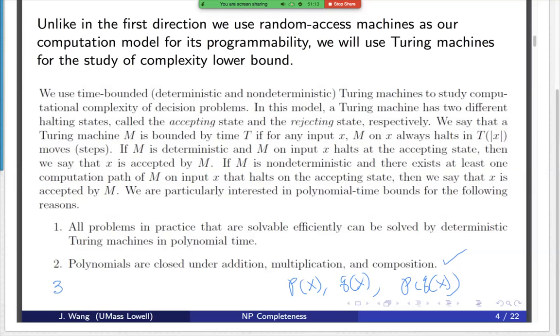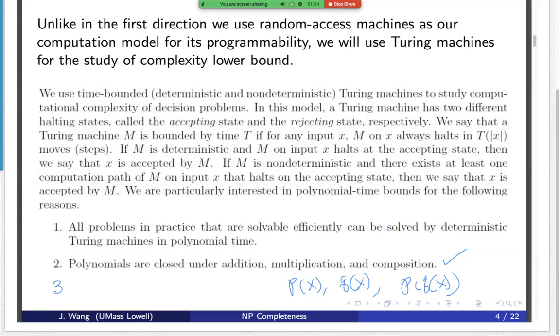There is one more reason, which I didn't put on the slides. Remember when we study computation, we usually use a Turing machine as our computation model, a single tape Turing machine. But of course, that is not the only model out there.